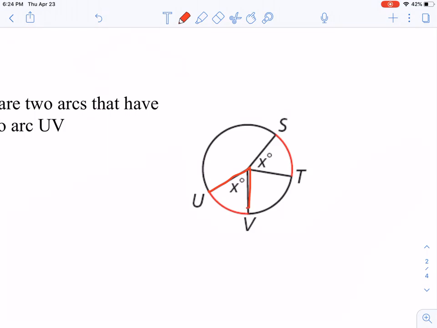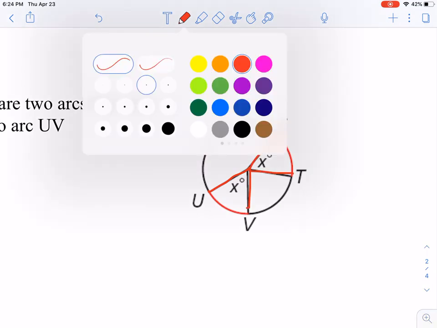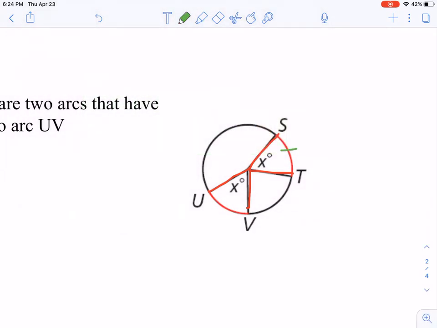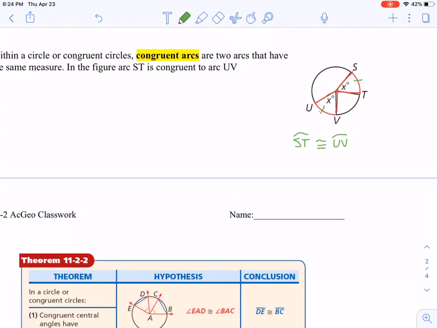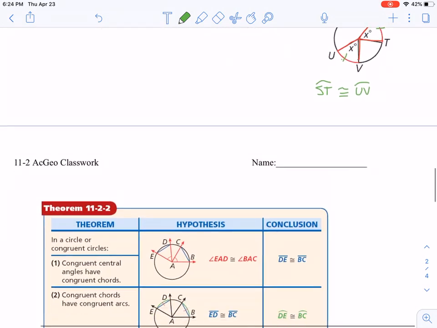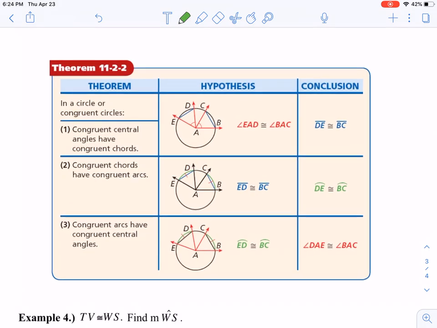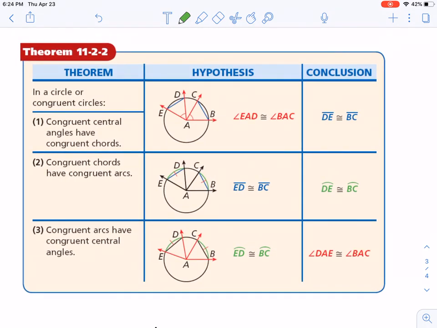Both of those have a central angle of x degrees, making arc ST congruent to arc UV. And that's congruent arcs.